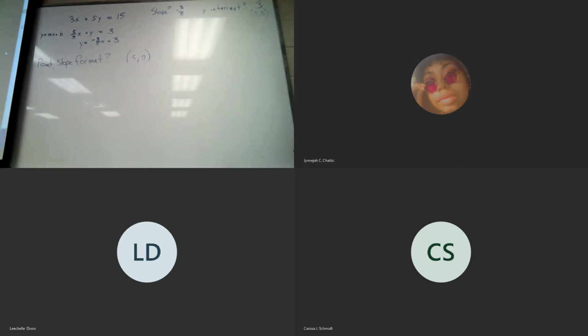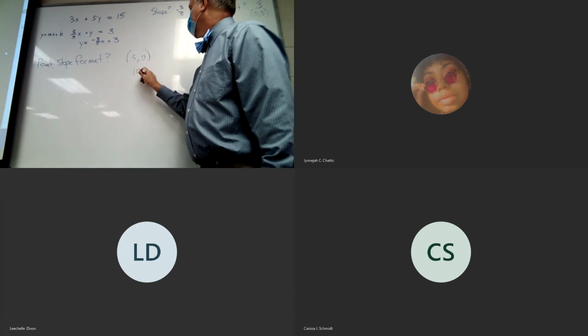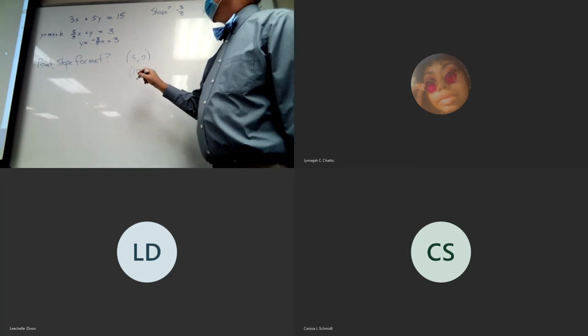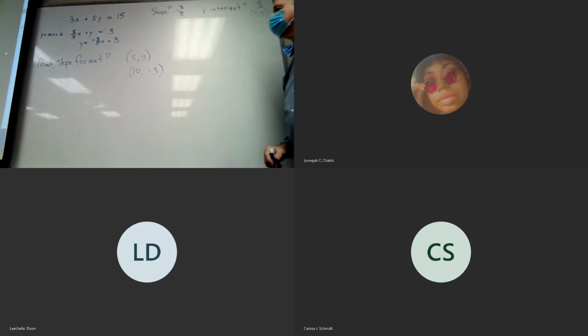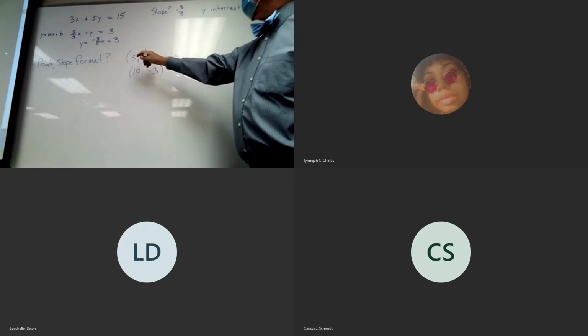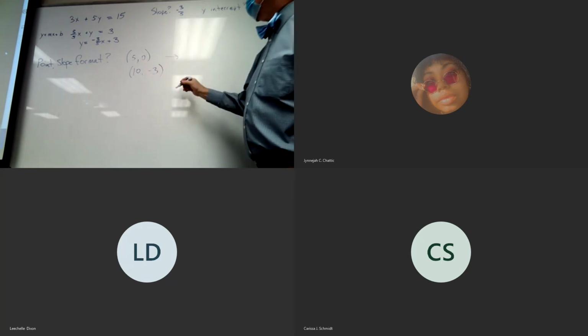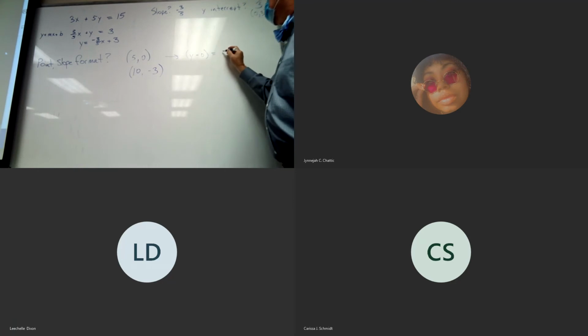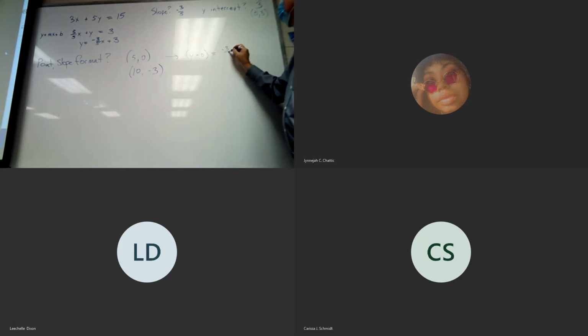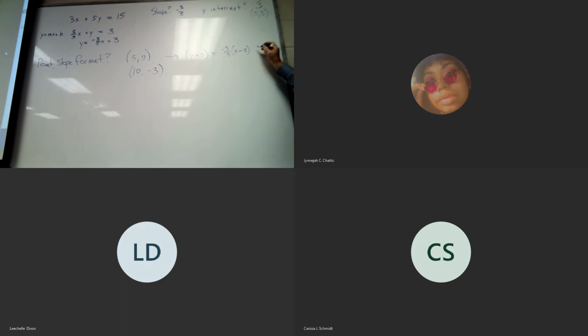I could choose (10, negative 3). If I gave you a particular point, my point slope format would be, if I said that's the point I want to have it from, with that point, I simply would say y minus 0 equals negative 3/5 times x minus 5.